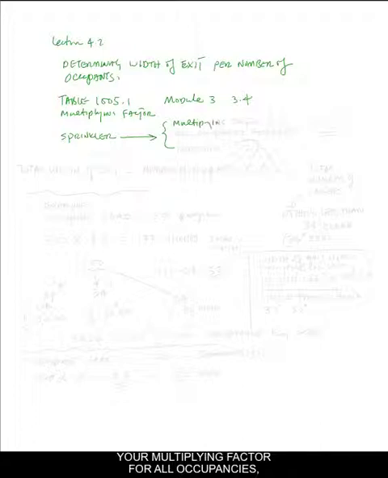Most of the time, if buildings are sprinklered, which is the way it usually is these days, your multiplying factor for all occupancies except institutional is 0.15.